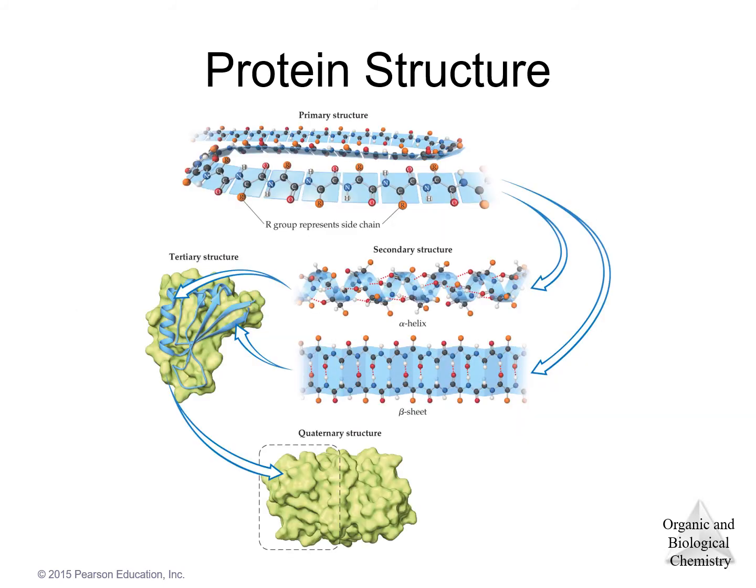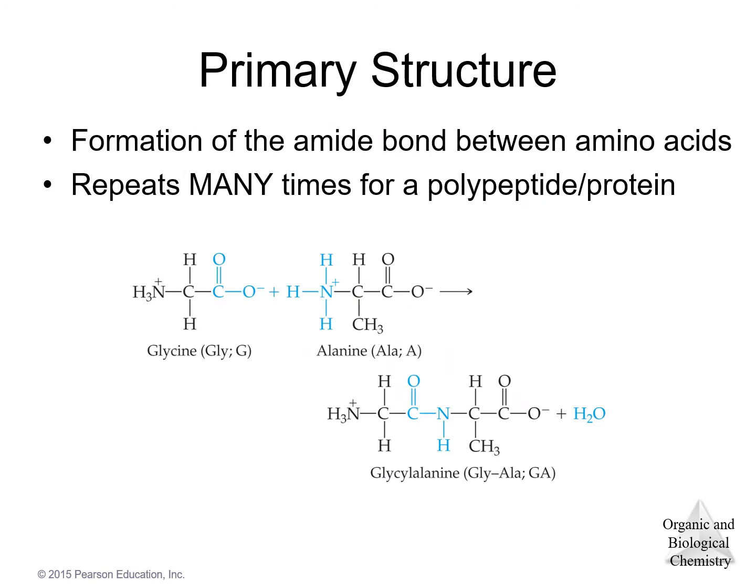And this is how that looks. The primary structure, and you can have the formation of the amide between the amino bonds. It repeats many times, and there's a lot of different ones. There are 21 amino acids. Only one of them is chiral, and you're going to learn about that when you get into biochem.